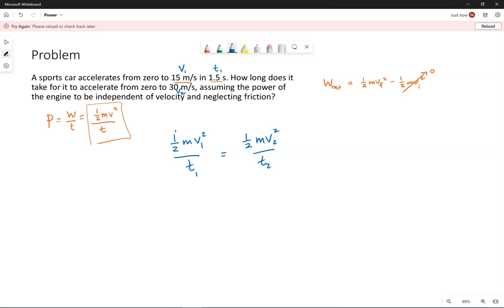When we set it up as an equality, the 1/2 and the m, those cancel. We're looking for T2. So if I cross multiply, I'm going to have V2 squared times T1 over V1 squared. So 30 squared times 1.5 over 15 squared.